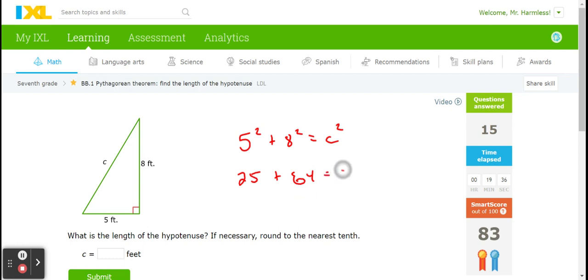And c squared, 25 plus 64 is 89. The square root of 89 does not come out evenly. It is 9.433. It says round to the nearest tenth, so 9.4 is the answer that would go in the answer blank there.